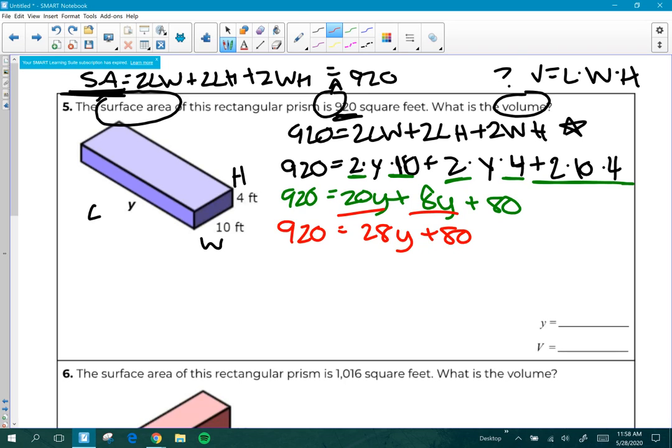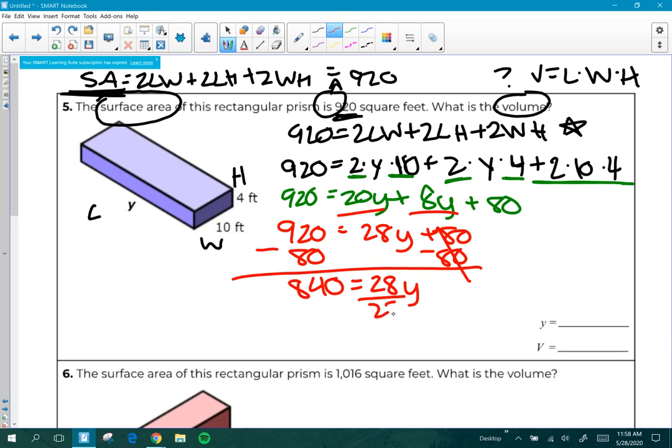I want to get the y by itself, so I'm going to subtract 80, and I get 840 equals 28y. Last step, to get y by itself, I have to divide both sides by 28. I get y equals 30.